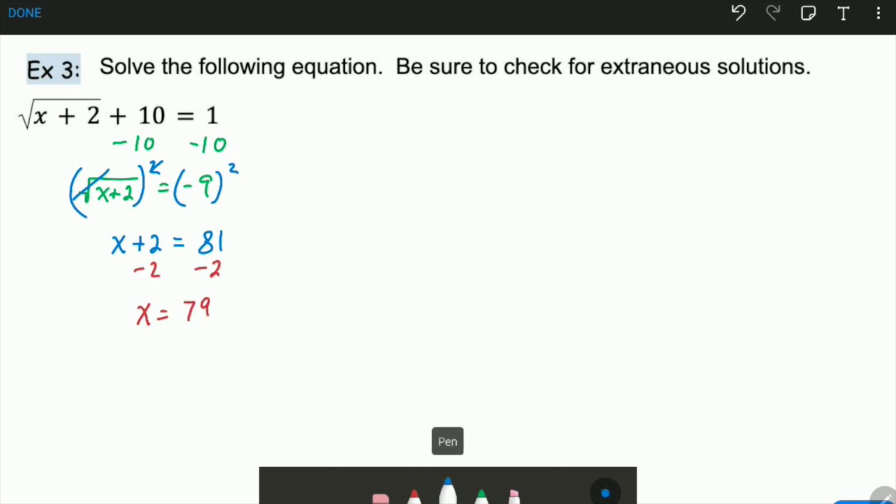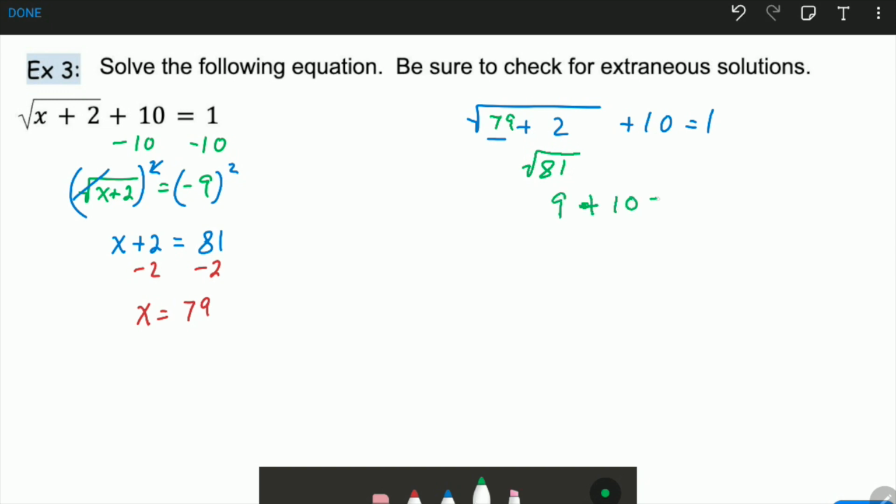Now, if we try this in our equation, to check it, the square root of our x plus 2, plus 10, is that equal to 1? As we try to check it, plugging in our 79, 79 plus 2 is 81, and the square root of 81 is 9, plus 10, is that equal to 1? No, it isn't. That's not a true statement, so no solution.